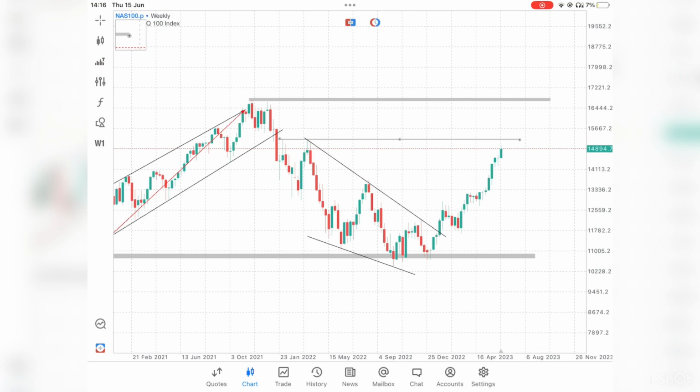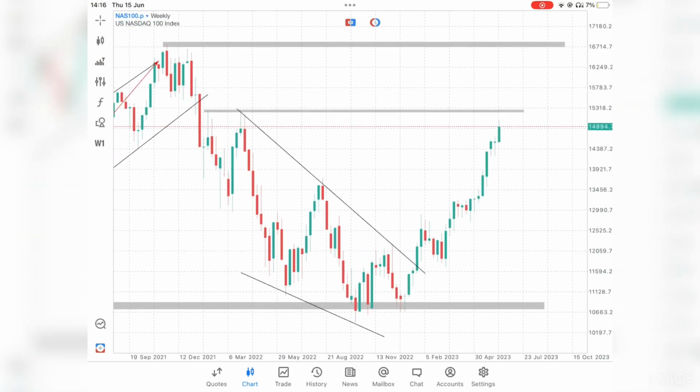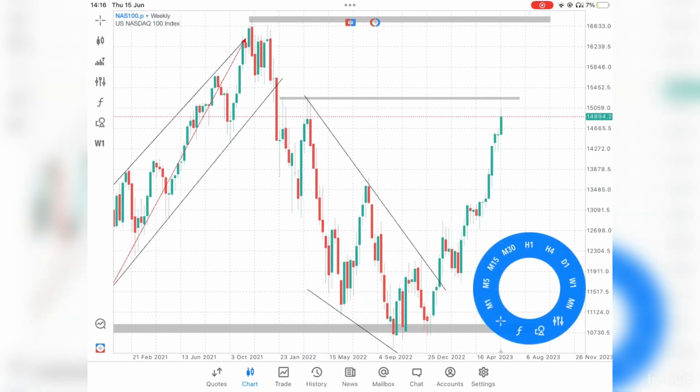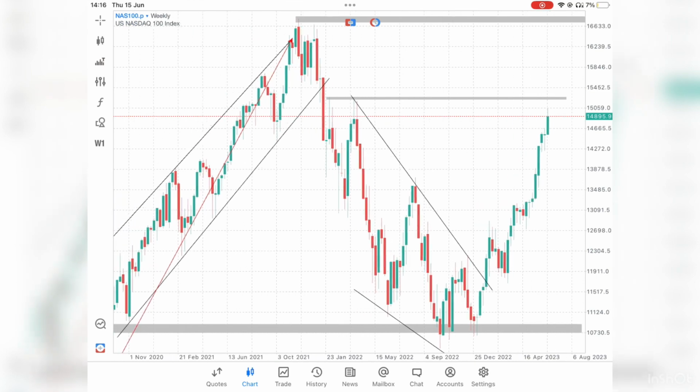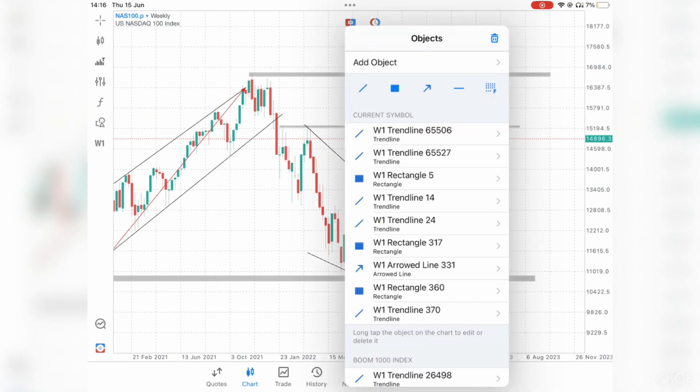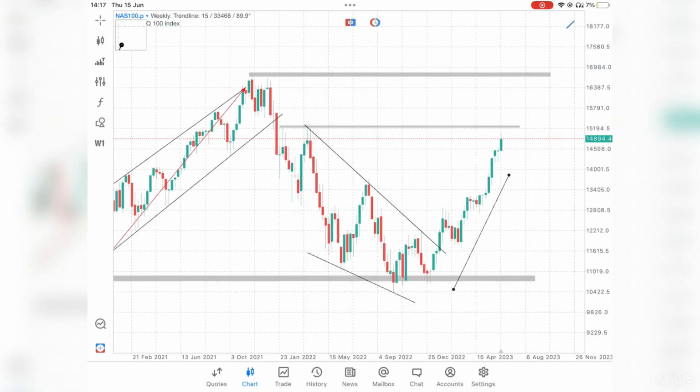So obviously we're gonna identify our resistance structure here. We also have this trend line here connecting these two lows. So as you can see, we had a low, then we had a higher low.